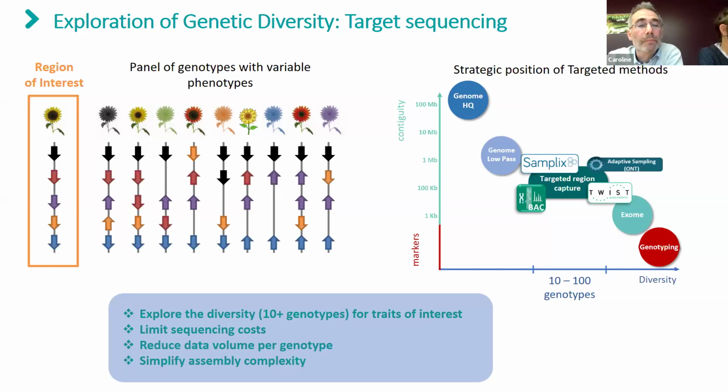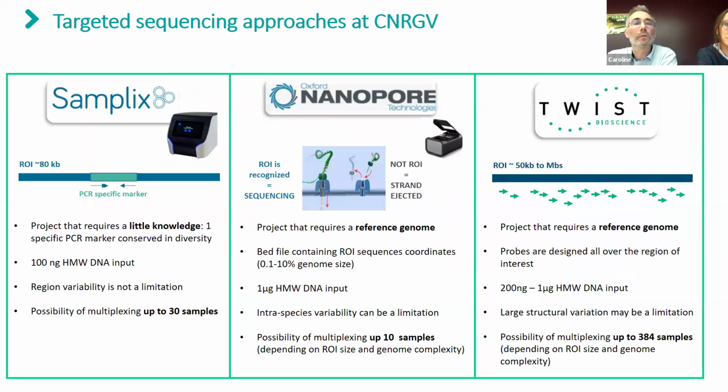And if you go only to the target sequencing, it will limit the sequencing cost, also reduce the data volume, and simplify the assembly. So the three technologies for the capture that we will talk about are Simplex, Nanopore, and Twist.